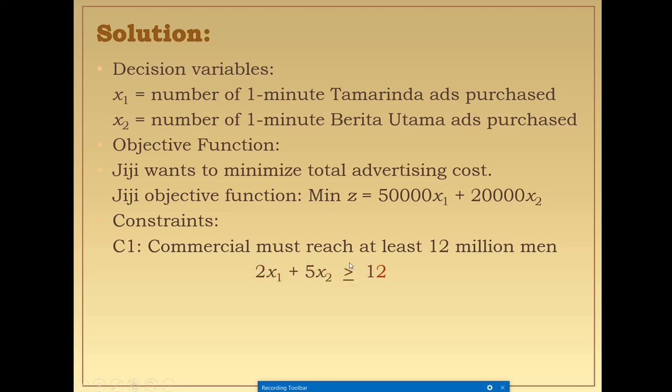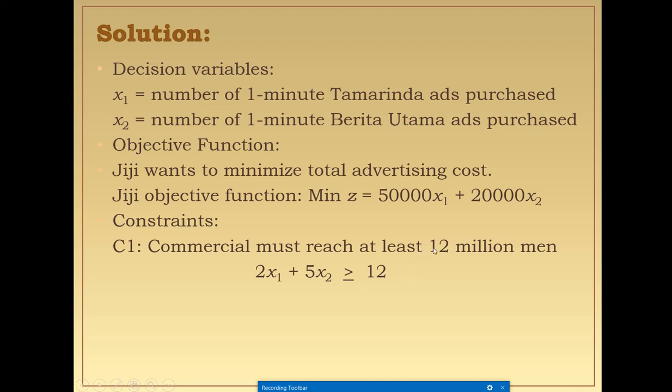Okay, so daripada data yang ada dalam slide sebelum ni, kita tahu 2 million men watch Tamarinda and 5 million men watch berita utama. We know that, okay, the first constraint is 2 million x1 plus 5 million x2 must greater than or equal to 12 million.